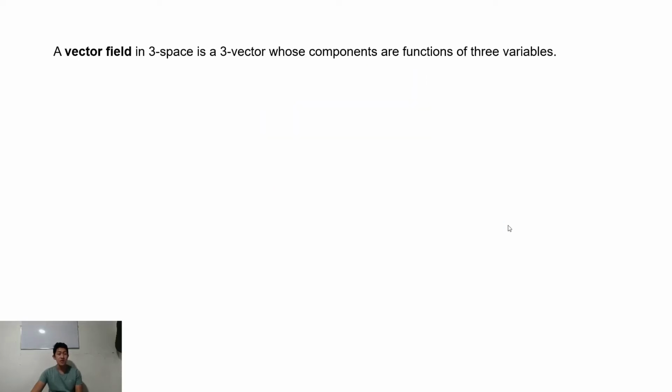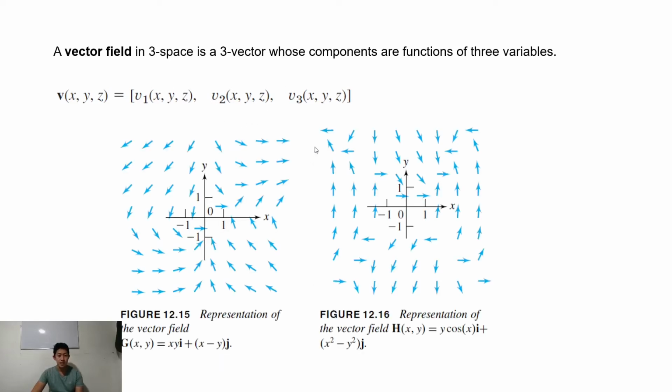Okay, so a vector field in three-dimensional space is a vector whose components are functions of three variables. This is how you write a vector function. The components are also functions.